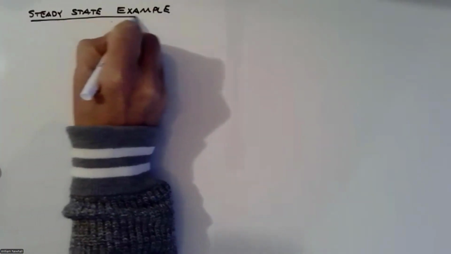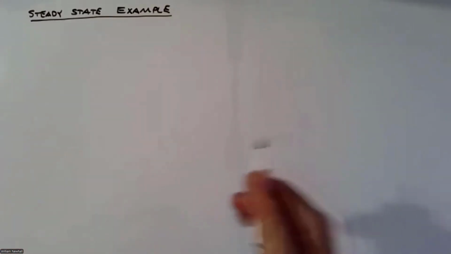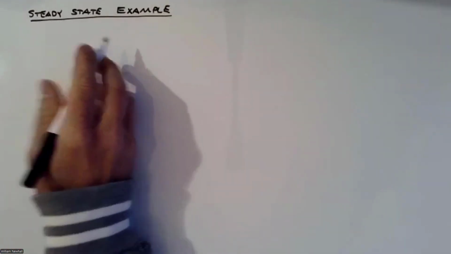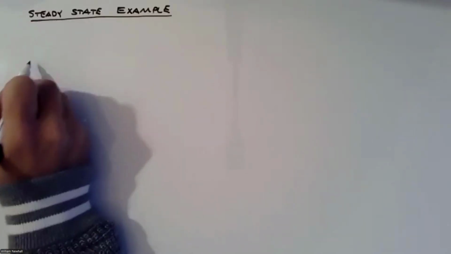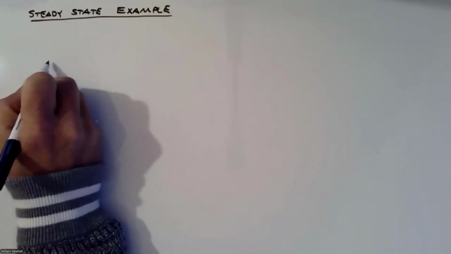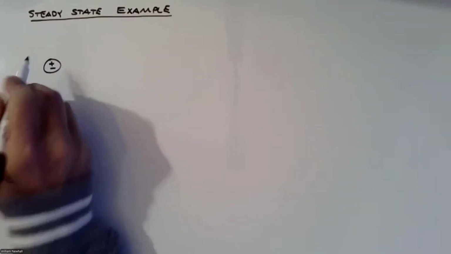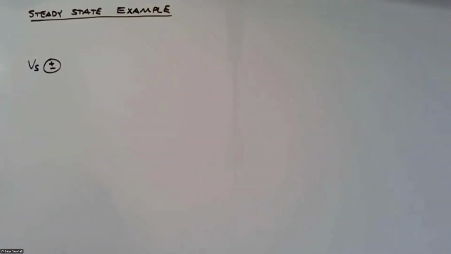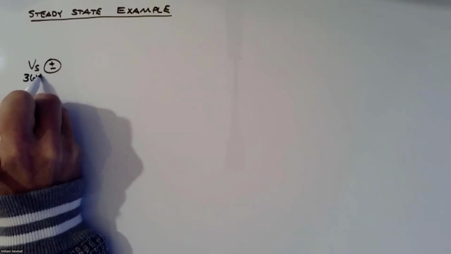By steady state example, I mean you're going to be calculating a value in the steady state. So let's suppose you have this circuit here. You take a voltage source. It has some DC value, Vs. Let's give it a value, 36 volts.